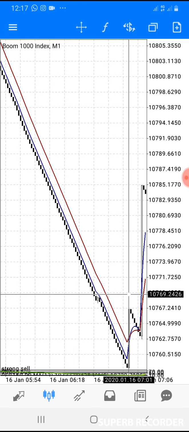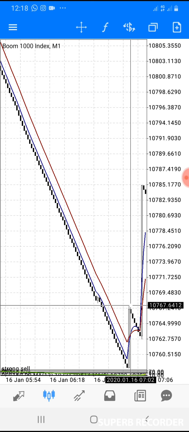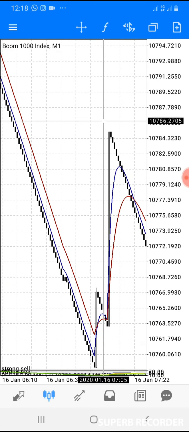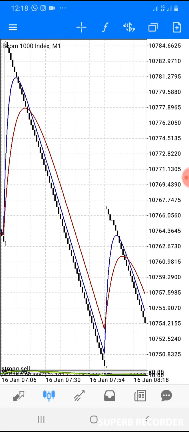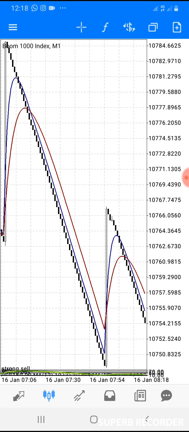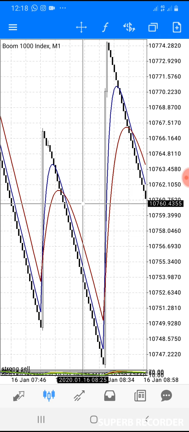So here at 6:42, you got a nice entry, you get your 50 pips, you close. First trade, it worked. Second trade at 7:08, it worked. Third trade, it worked. Now you are at 150 pips.